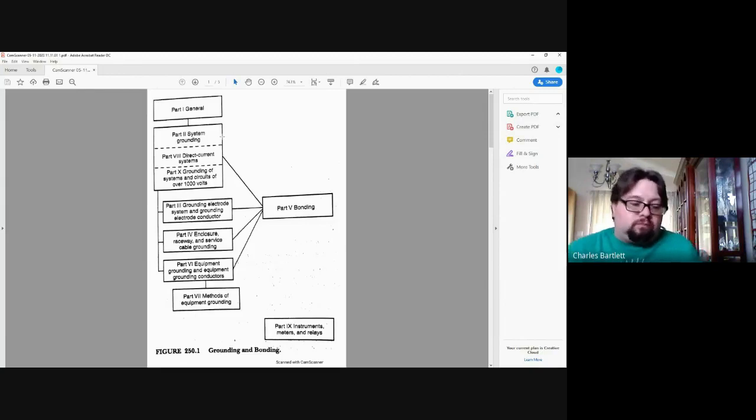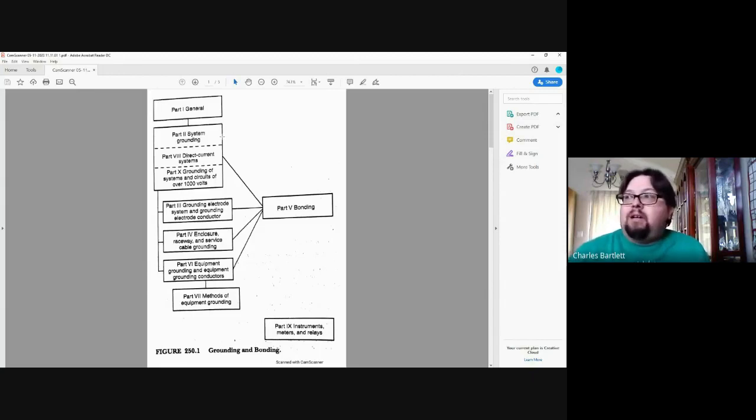And so the 2 things we use is utility and separately derived system. There may be other language for the utility side, like the main system or the separately derived system.